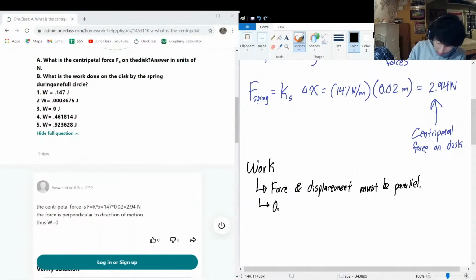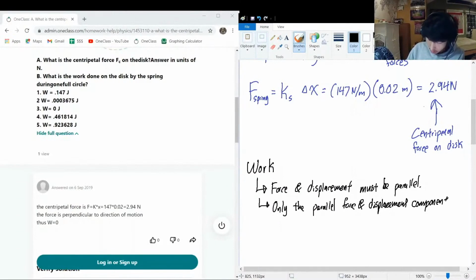Only the parallel force and displacement components count or contribute to the work.